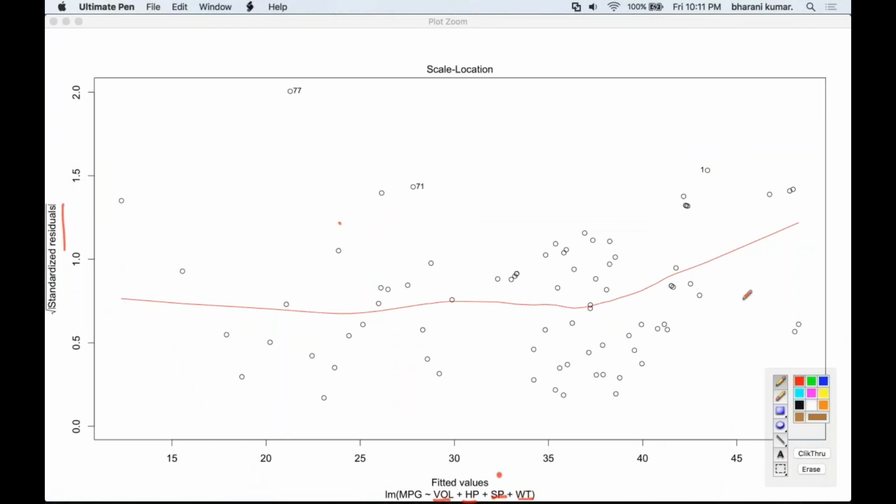Here also you have a straight line. That means there is no trend in the errors basically.